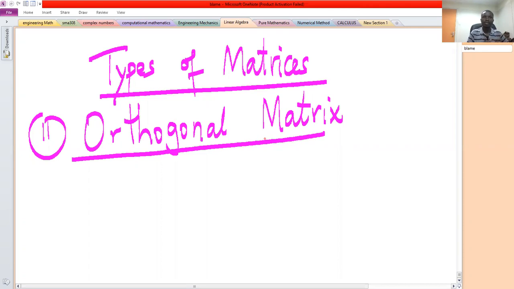In this session, we are going to give definitions of more types of matrices, and we start with the orthogonal matrix.